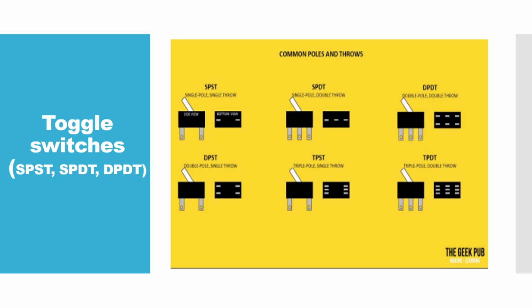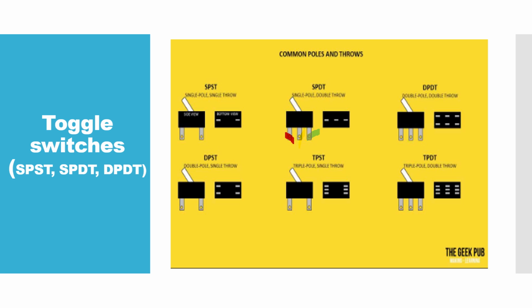You discover that it has three poles. You can see this one, this one, this two, you can see the third one.